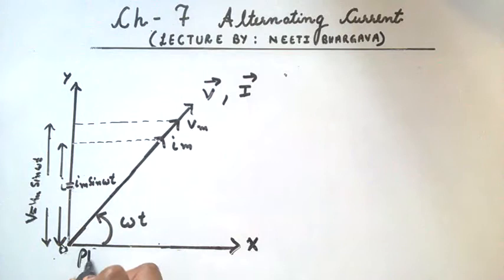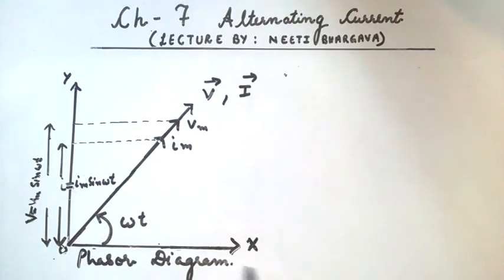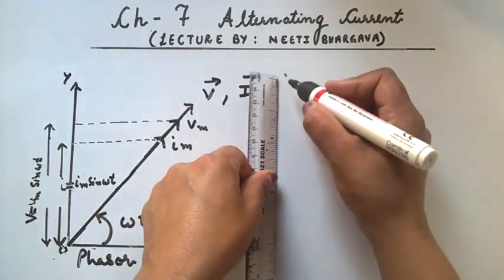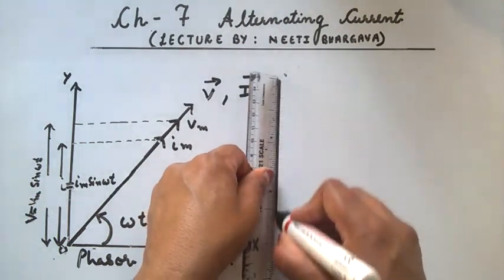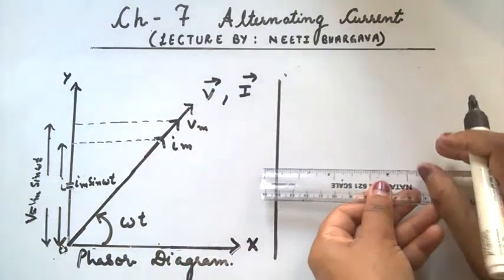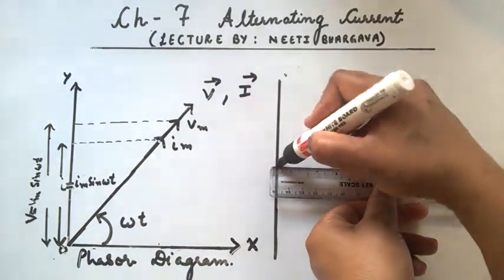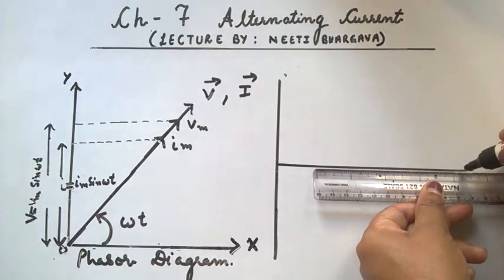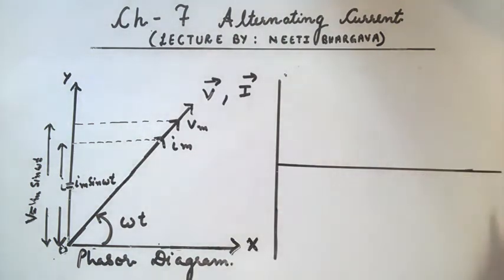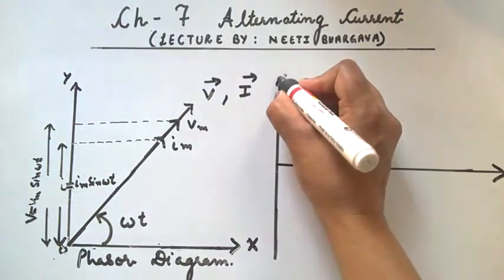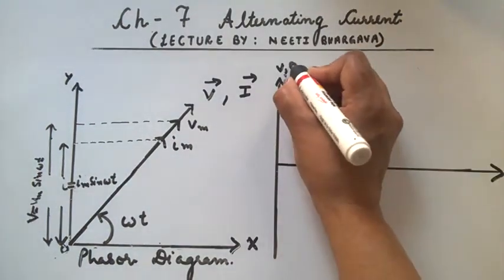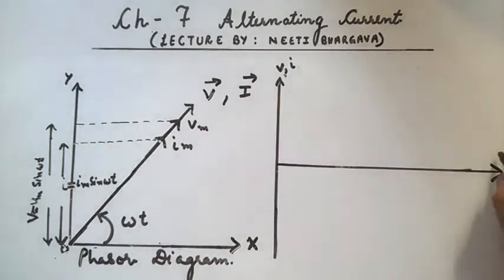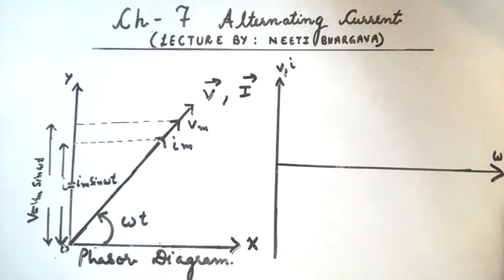This is the phasor diagram for a pure resistive circuit. Now the graph between v and i and omega t, that is, displacement of v and i versus phase omega t.